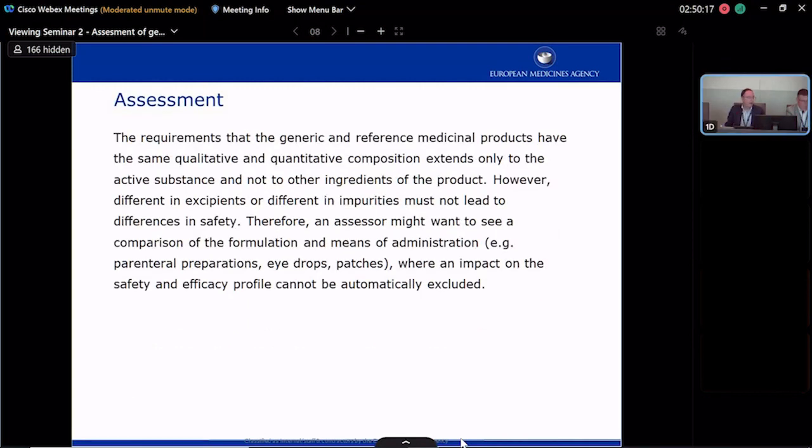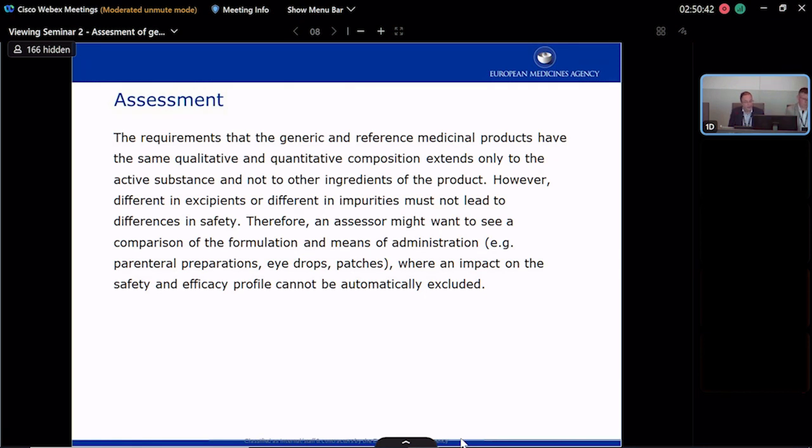And finally, the requirement that the generic and reference medicinal products have the same qualitative and quantitative composition extends only to the active substance, not to other ingredients of the product. However, differences in excipients or impurities must not lead to a difference in safety.